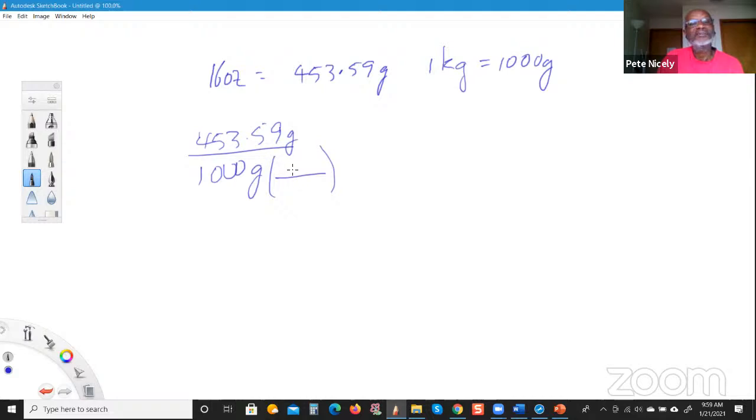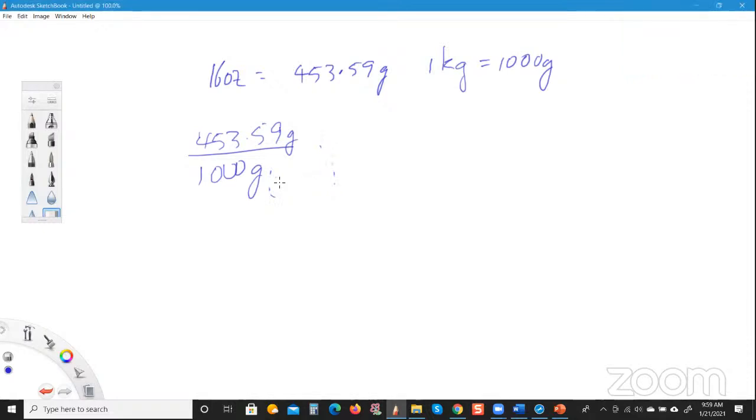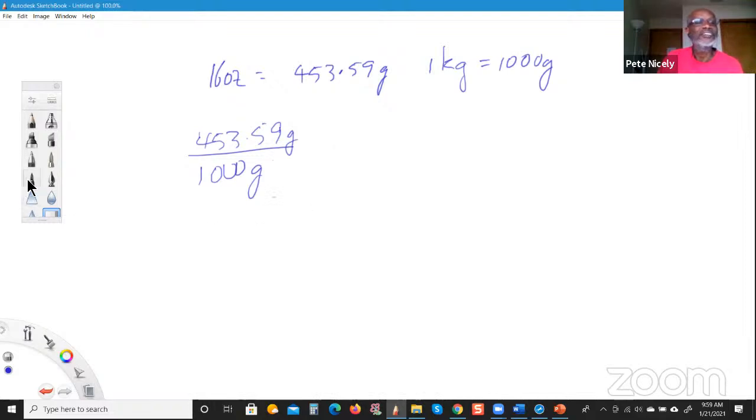Wait a minute. Hold on. I'm still not following. You're saying you want to find how many kilograms? Yes. Why would you want to do that? I just want to follow your logic.